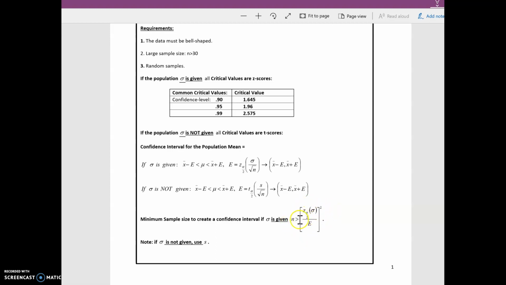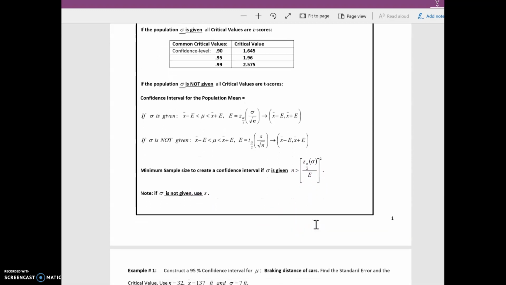So once you have a numerical value, you typically are going to round up and then write it as a statement: we need this many or more in order to achieve a certain level of confidence. If you don't have the standard deviation of the population, then you're going to be using the value of s. And for these estimates, the error will most likely be given.